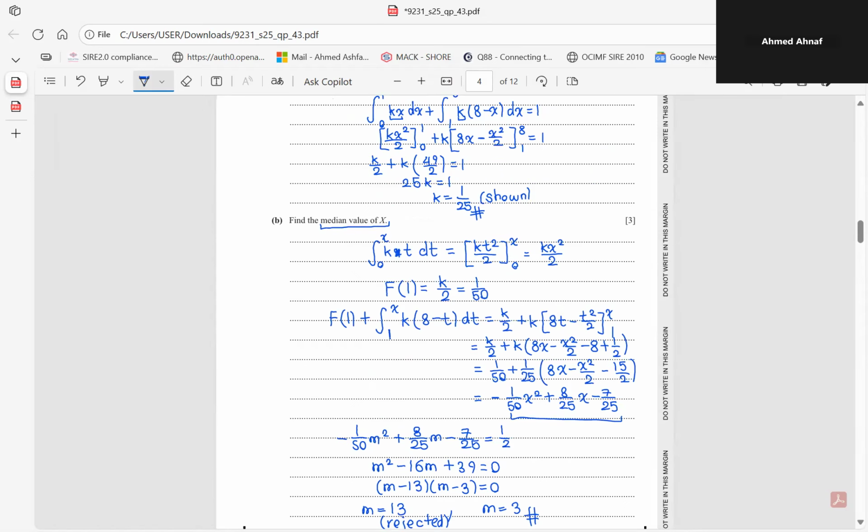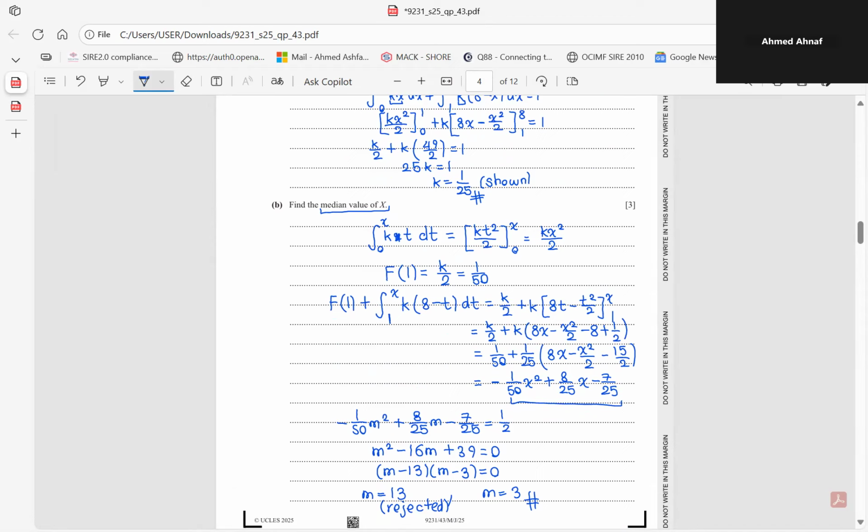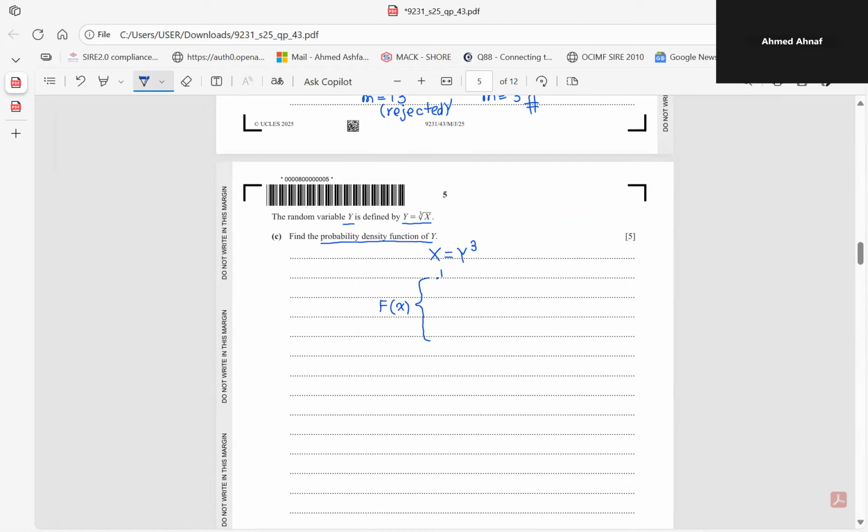Okay, so for 0 to 1, we have kx squared over 25, which is just 1 over 50 x squared, and for x between 0 and 1.